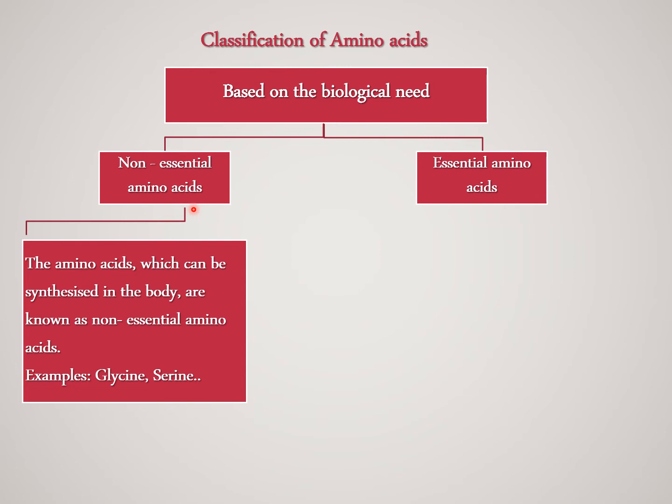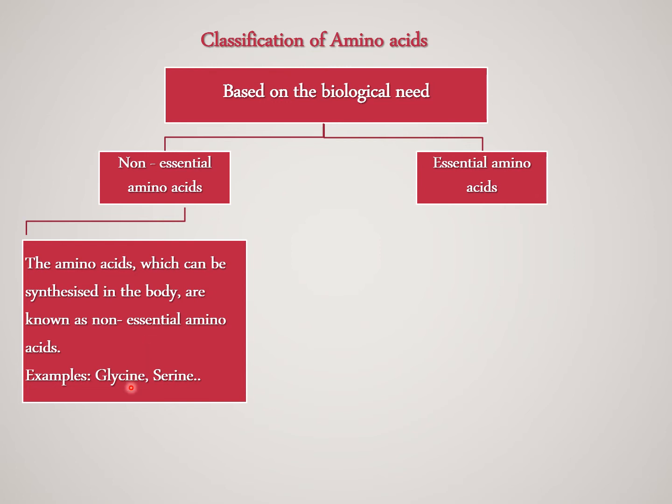Let's try to understand. See students, there are 20 amino acids which are required for protein synthesis. The human body can synthesize only 10 amino acids, which are therefore called non-essential amino acids. So as our body can synthesize them, they need not be taken in the diet. So they are called non-essential amino acids.